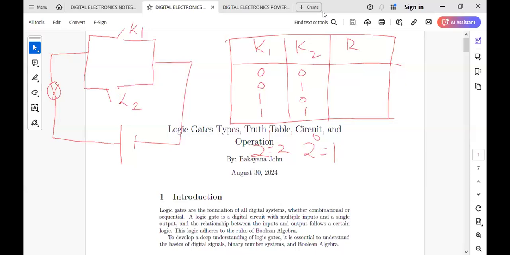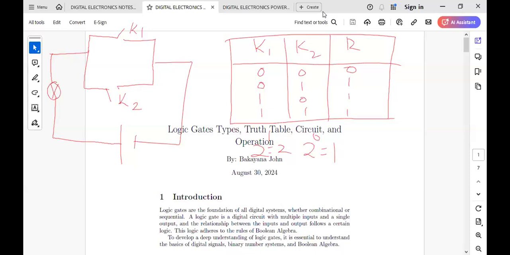I mean the circuit. In the circuit, if you close K1, current will remain flowing through K2. Now, if both of them are open, current will not flow. But if one of them is closed, then current will flow, even if both of them are closed. Now listen to this. How do we interpret this?